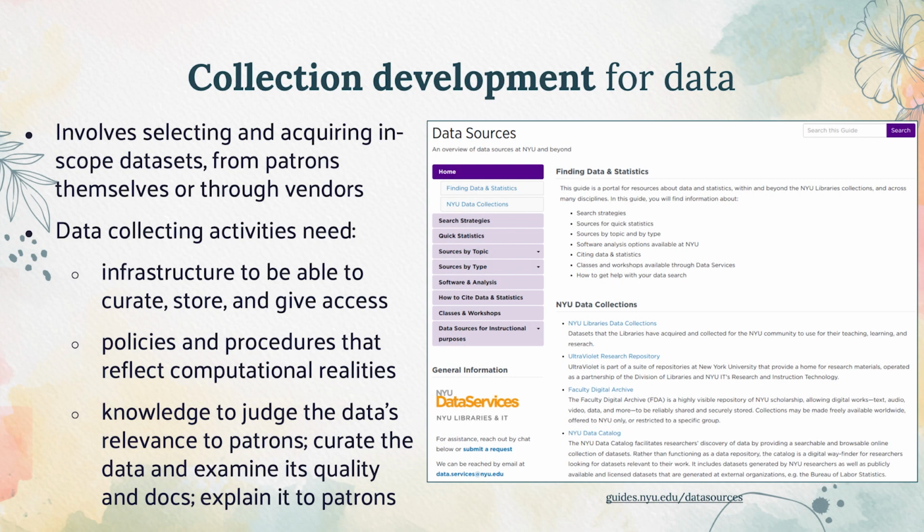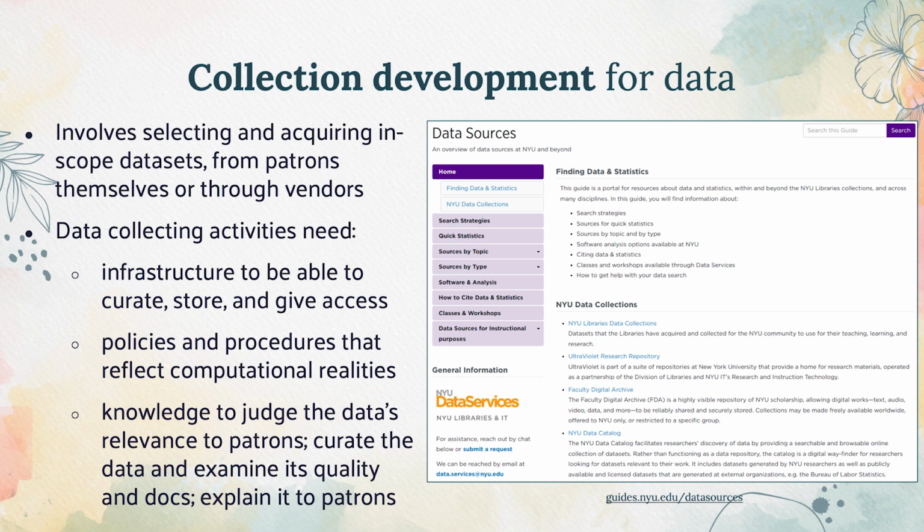I'm going to start with collection development, even though honestly it is the least discussed aspect of providing data services. This can be pretty critical because there's a lot of really useful data that could use mediation and could use curation.